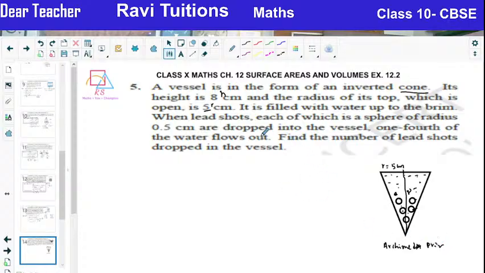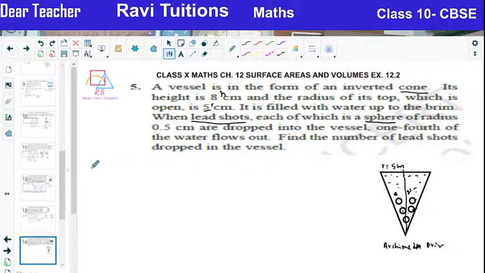So then, when lead shots, each a sphere of a given radius, are dropped into the vessel, 1/4 of the water flows out.